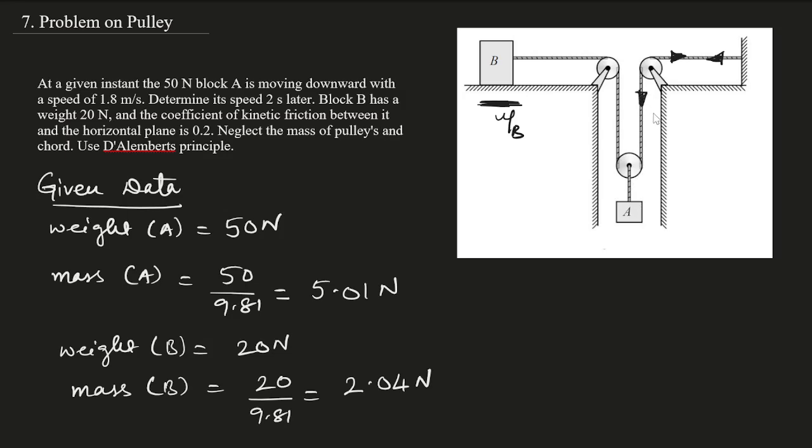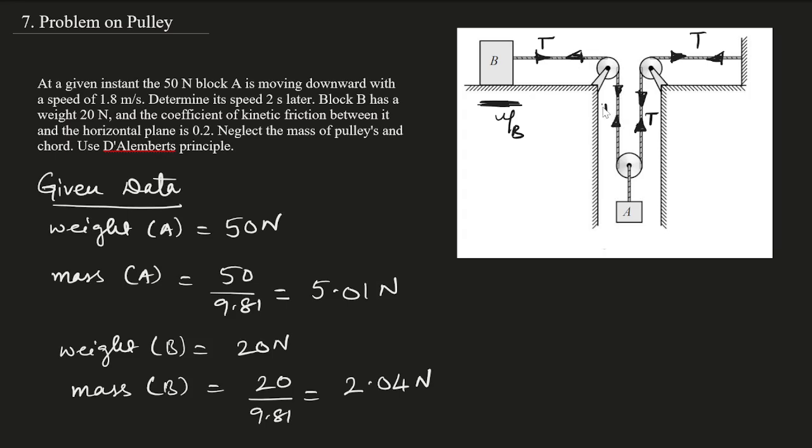Now we have a single tension from the fixed end. Here also we have a fixed end. From the right-hand side, we have a tension over here. From the left-hand side, we have block B, so from block B we'll have a tension like this, and this tension is transferring over here as well.